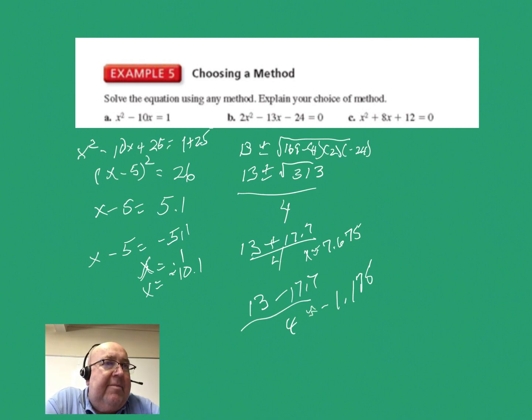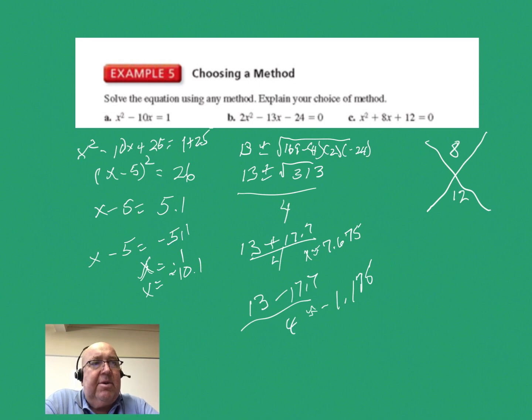This last one, I can see pretty easily that I should be able to factor it. Two numbers that multiply to equal 12 that add up to equal 8 are 2 and 6. So we get x plus 2 and x plus 6.